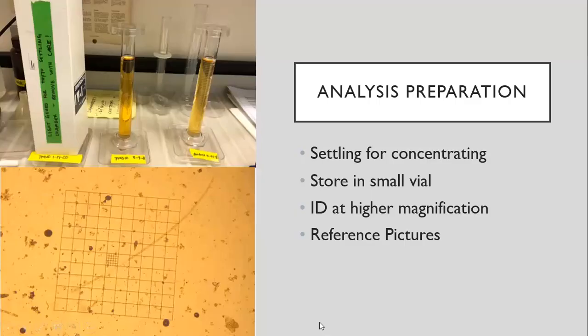All right. So to prepare for the identification and enumeration of these phytoplankton in the lab, there are a few steps to do before we start that. So one of these steps includes settling the samples to concentrate it.